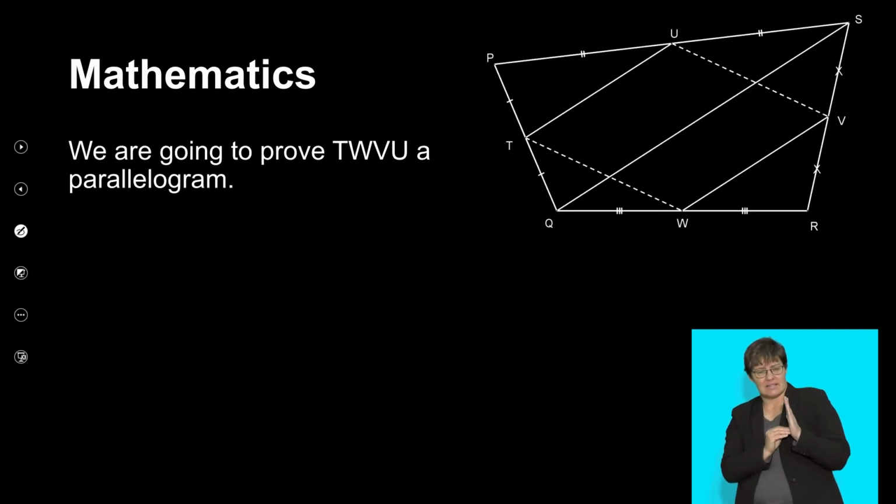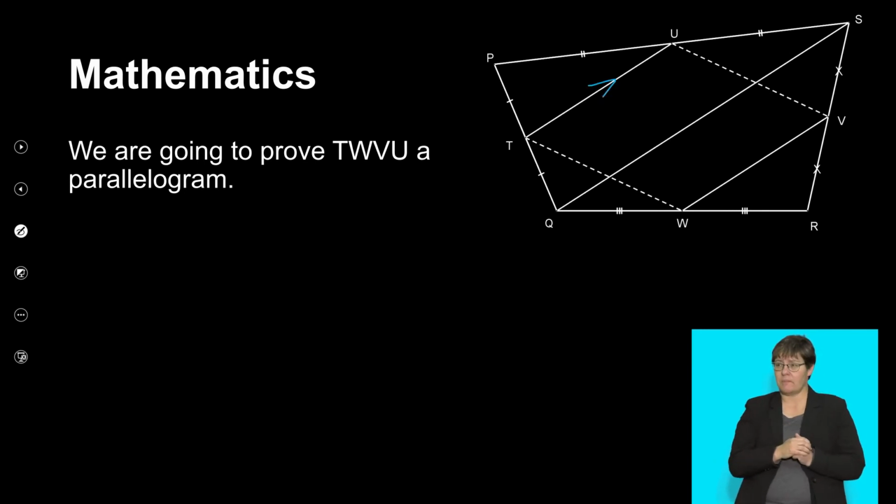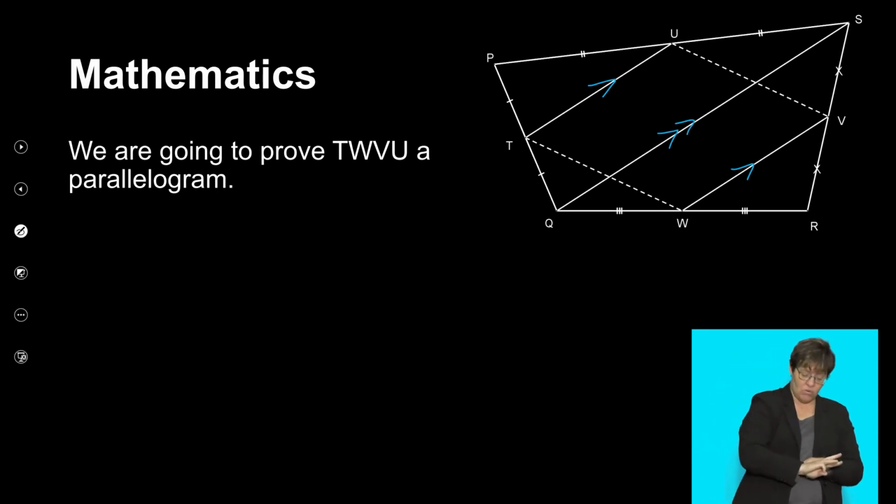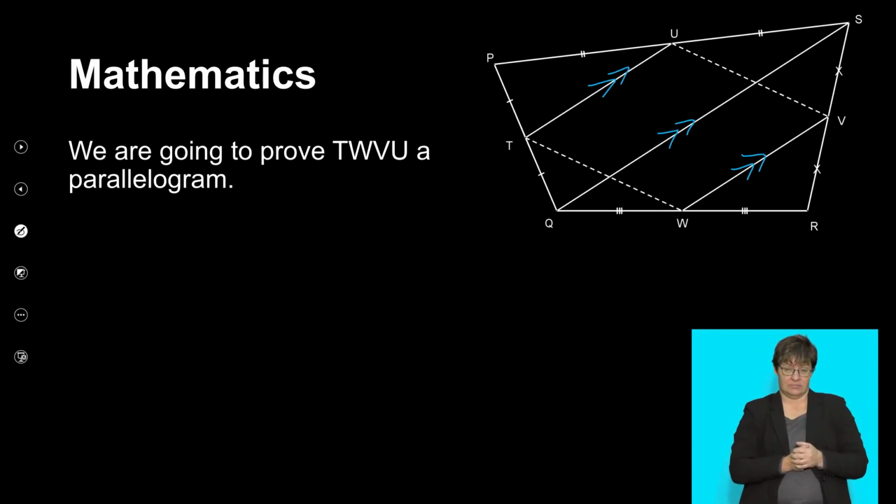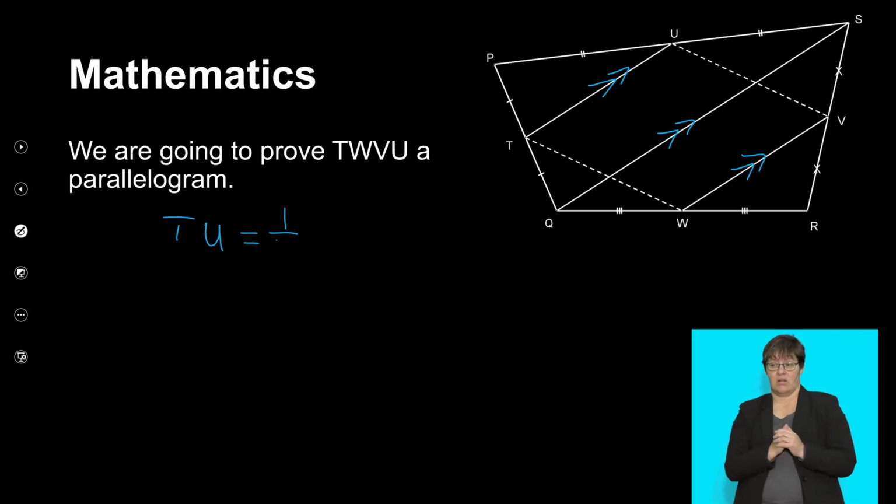Now, what implicit information can I add? I actually want to add it on this diagram of mine. I know that TU is going to be parallel to QS because of midpoint theorem. I also know that my VW is also going to be parallel to QS. So all three lines are going to be parallel to one another, right? So in simple terms, number one, TU is equal to 1/2 of QS.